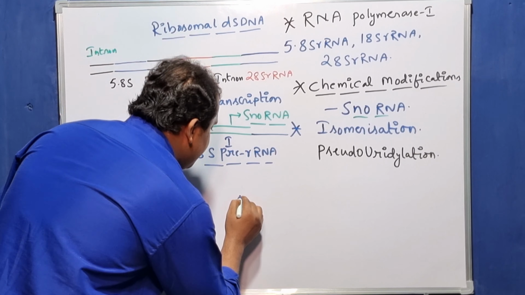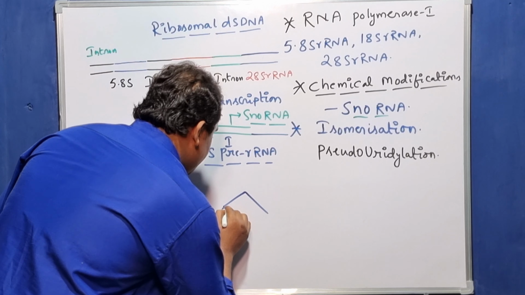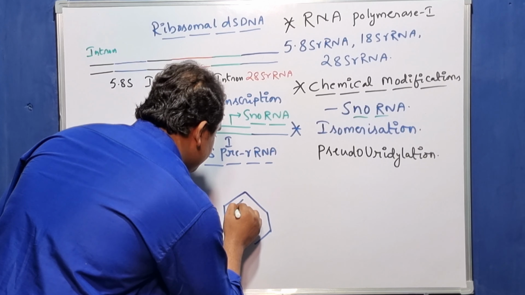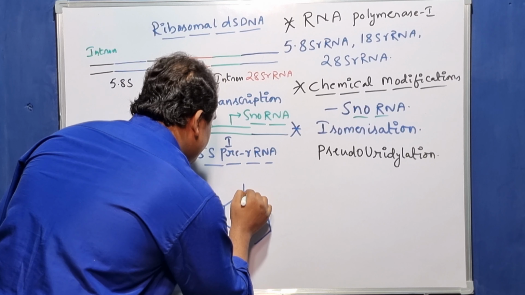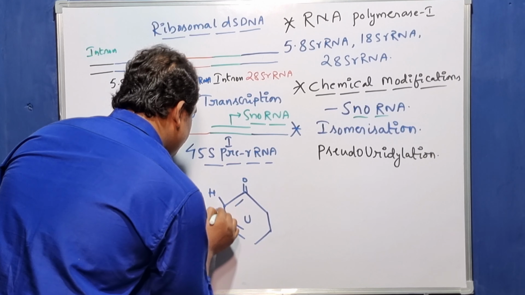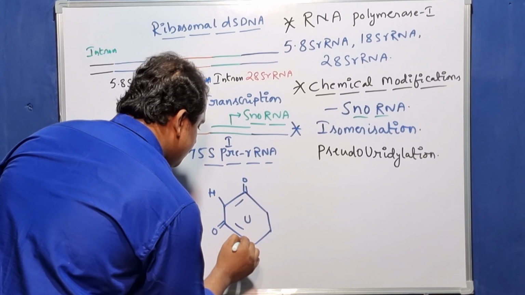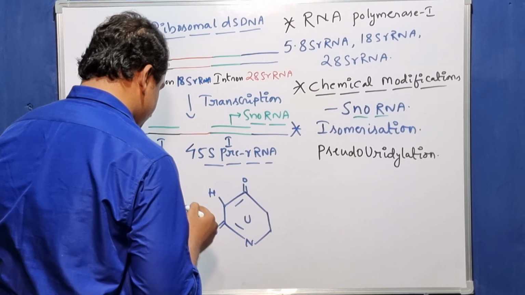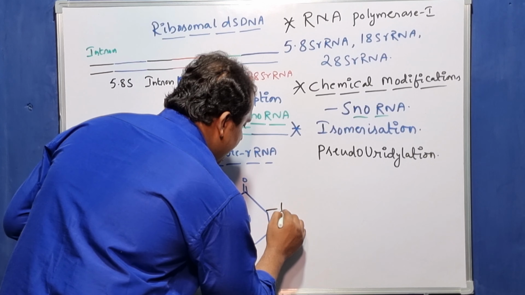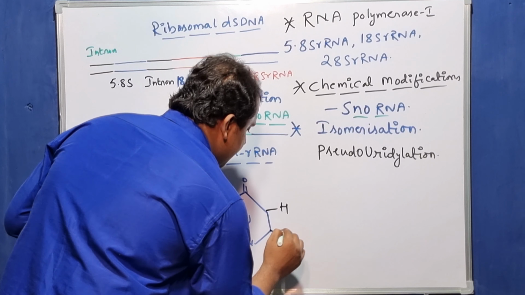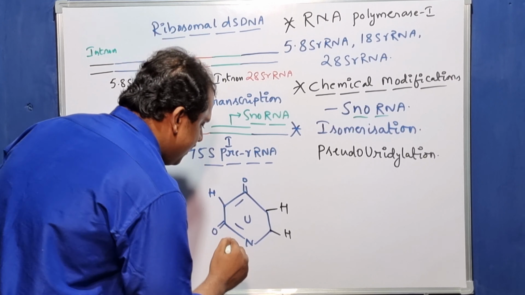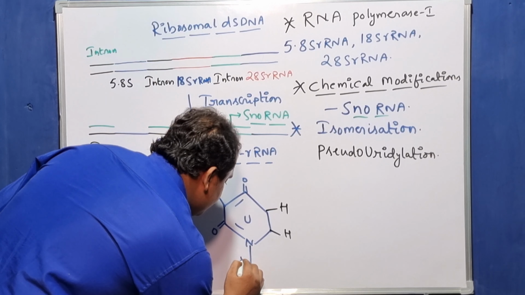If we consider the specific uracil nucleotide, here it is the uracil nucleotide, right? Here there is one hydrogen atom, here is the other hydrogen atom, and here there is a ribose sugar.